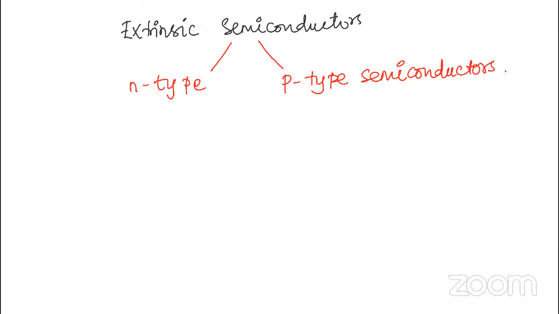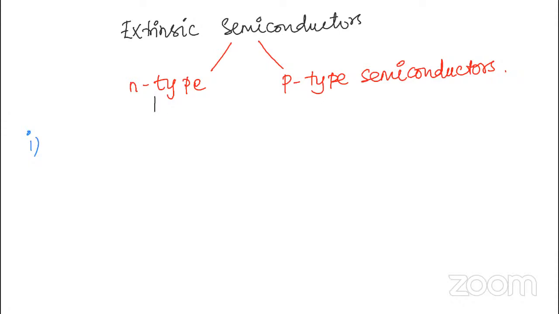So here for the n type, first we can go for the n type. Okay, so similarly you have to see both of the cases. For the n type, we have to use pentavalent impurities.